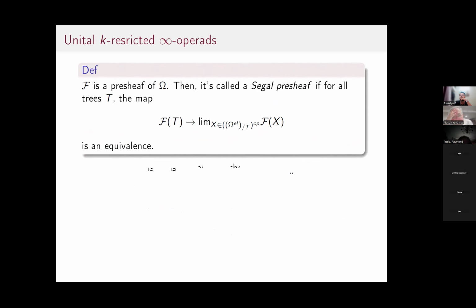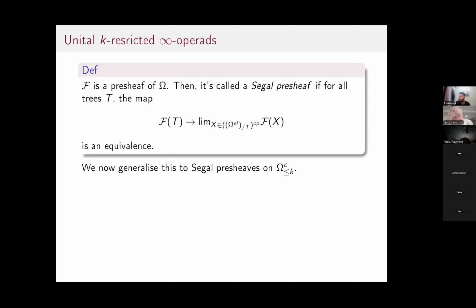That is basically the definition of a Segal presheaf. So F of T is nicely made up of its parts. That's the way you picture it. Now we will generalize this to Segal presheaves.